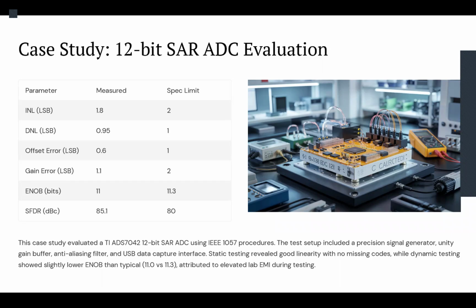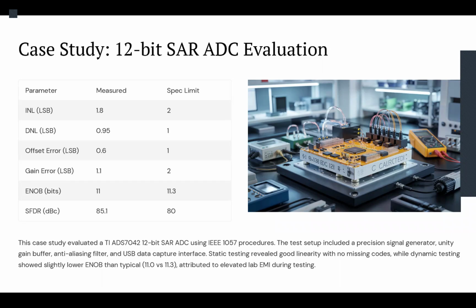This measure for this specific model was 11, which is slightly lower than the typical value of 11.3. The SFDR measured for this specific one was 85.1, which exceeds the specification of 80, indicating excellent spectral purity.